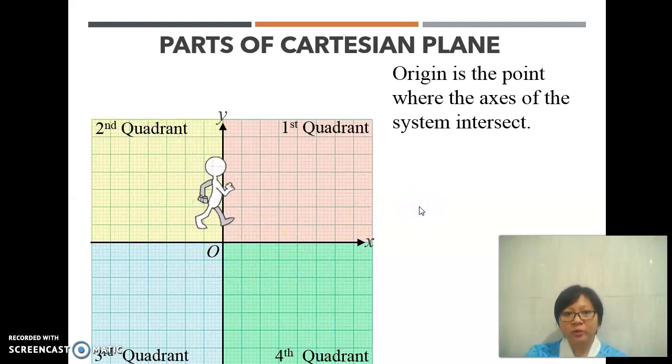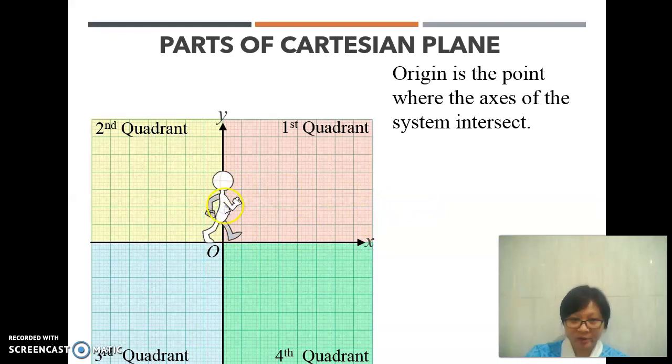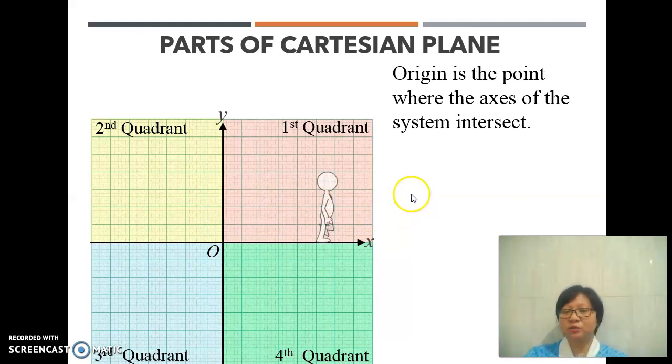Start from O. Imagine you are standing here, and then you turn right, and then you walk. Imagine yourself walking. As you go to the right, the numbers get bigger: 1, 2, 3, and so on. So the movement here is horizontal movement. And when you move to the right, it means you move in the positive direction.